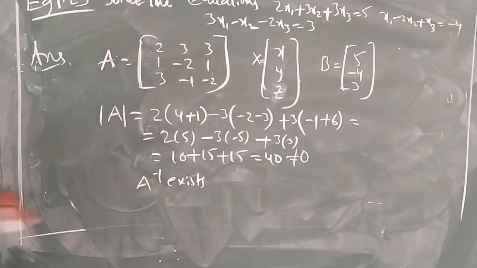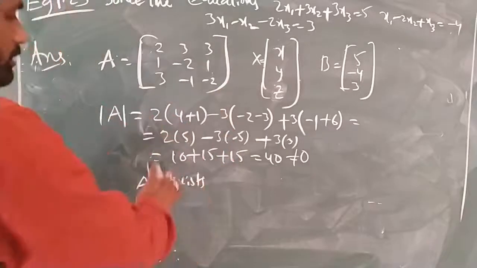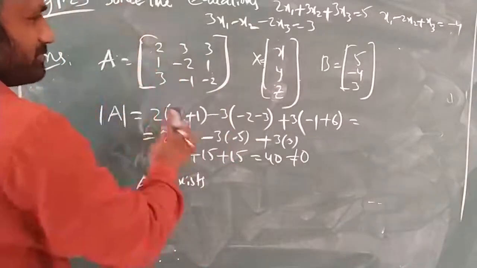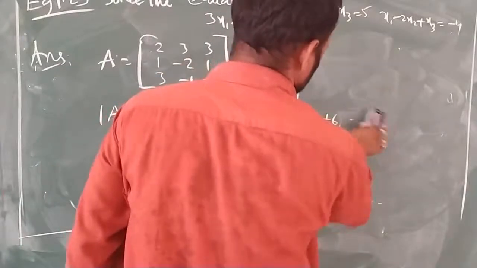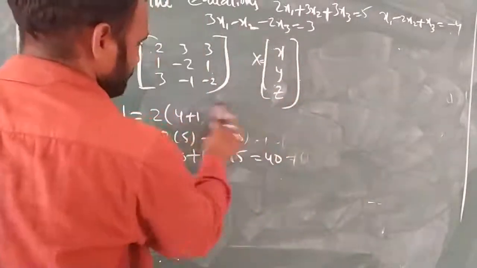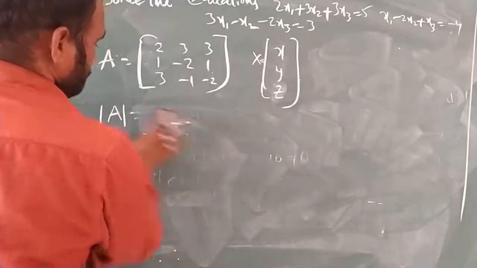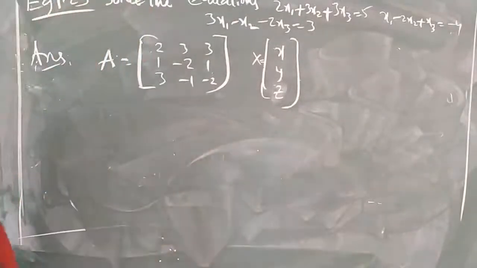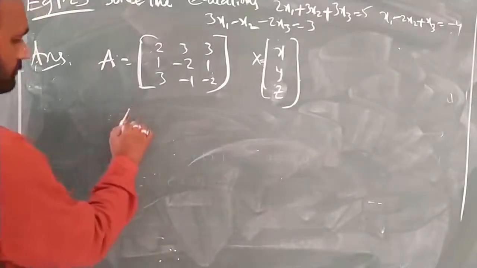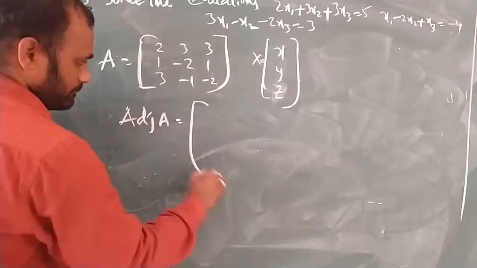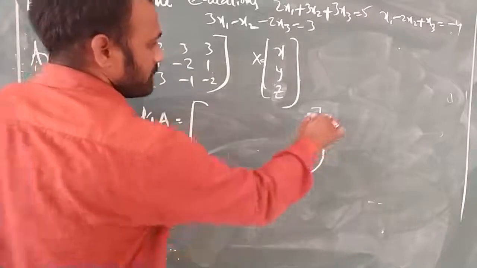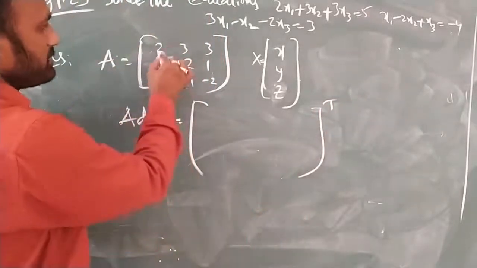So in order to get A inverse, first let us find the adjoint of A. To do that, we will use this side. Transpose of this matrix.